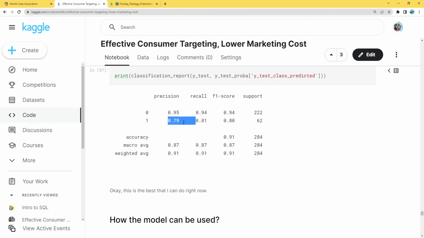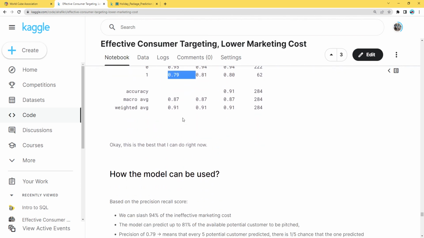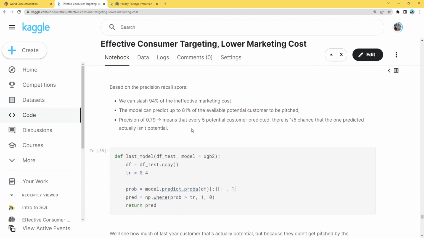And with 79% precision, it means that for every 5 people predicted by the model to take the product, there is still a risk that one of them is actually not that potential.